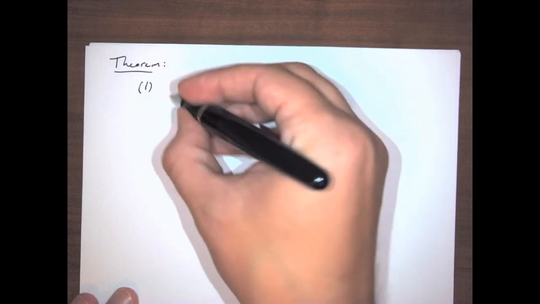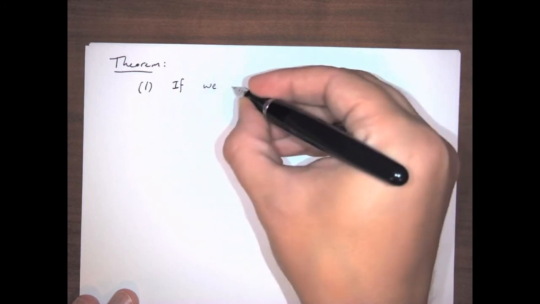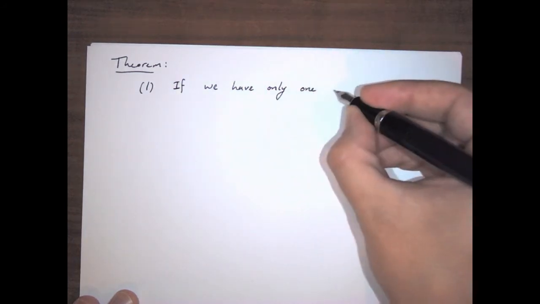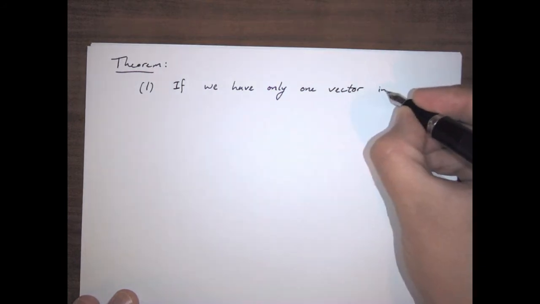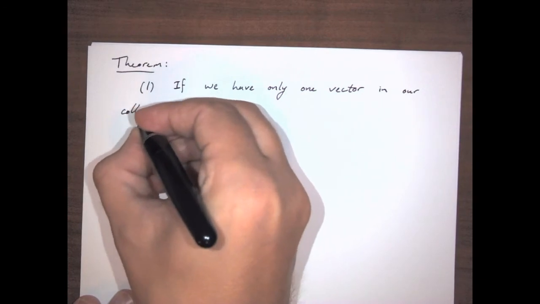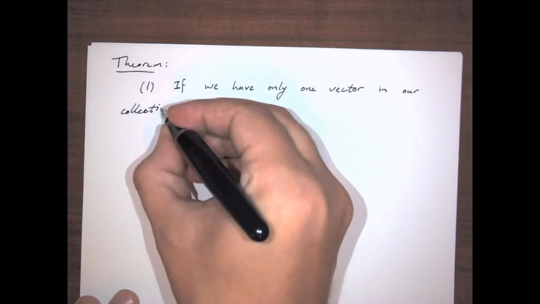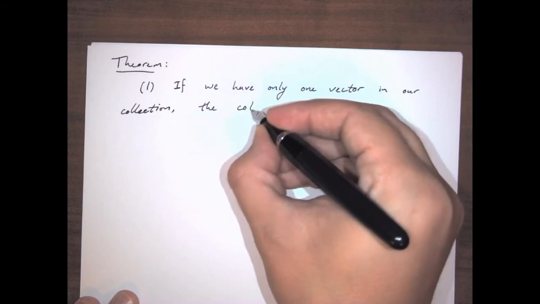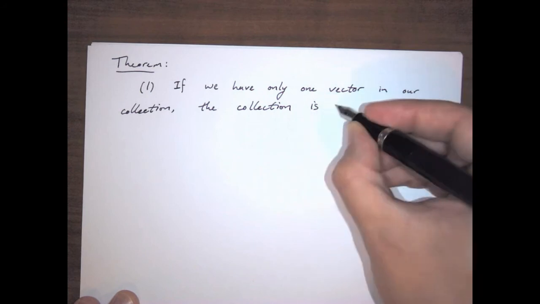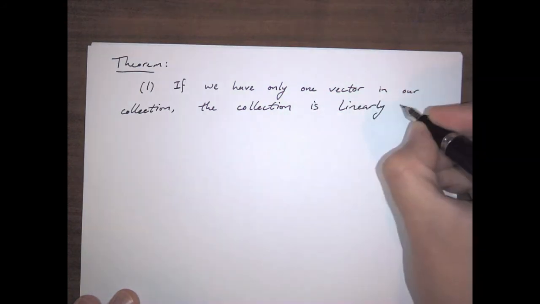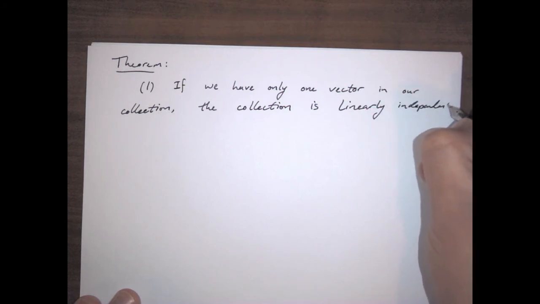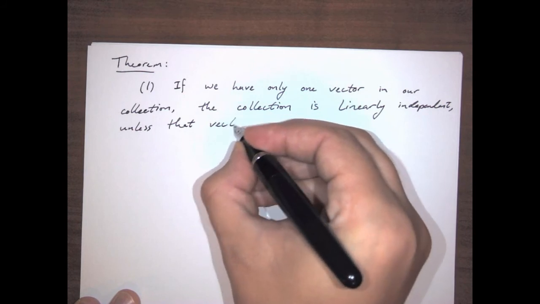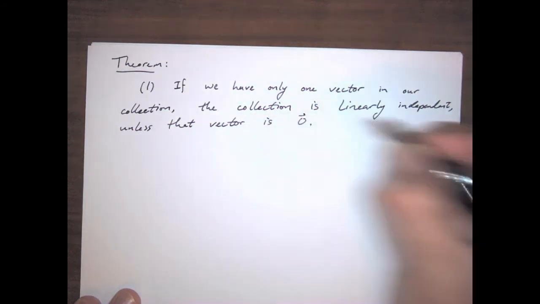So if we have only one vector in our collection, the collection is linearly independent unless that vector is 0.